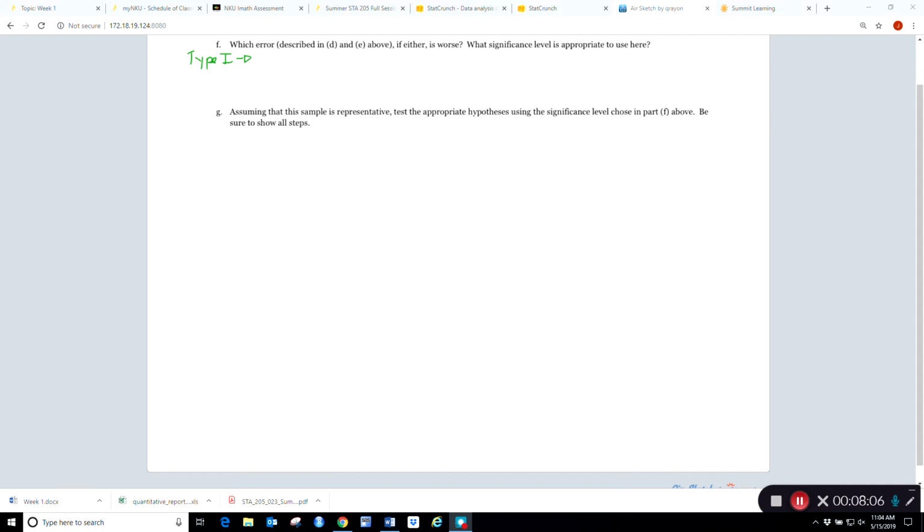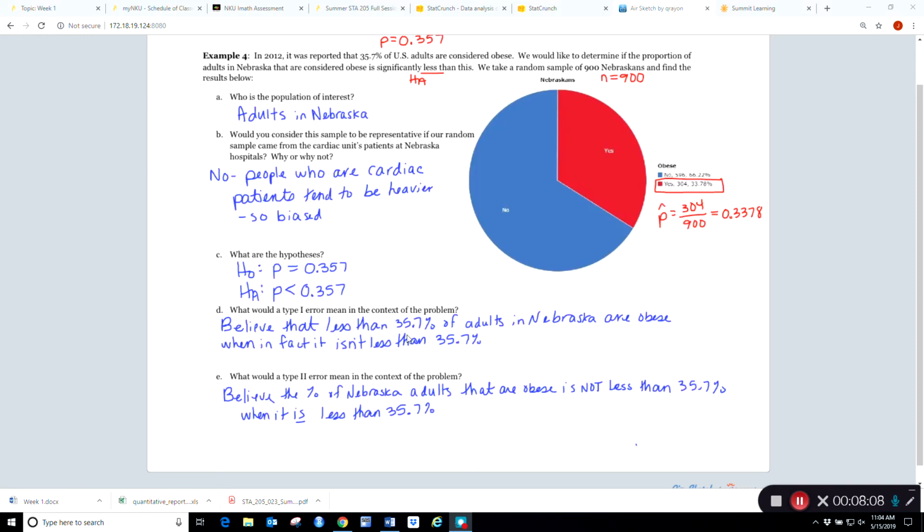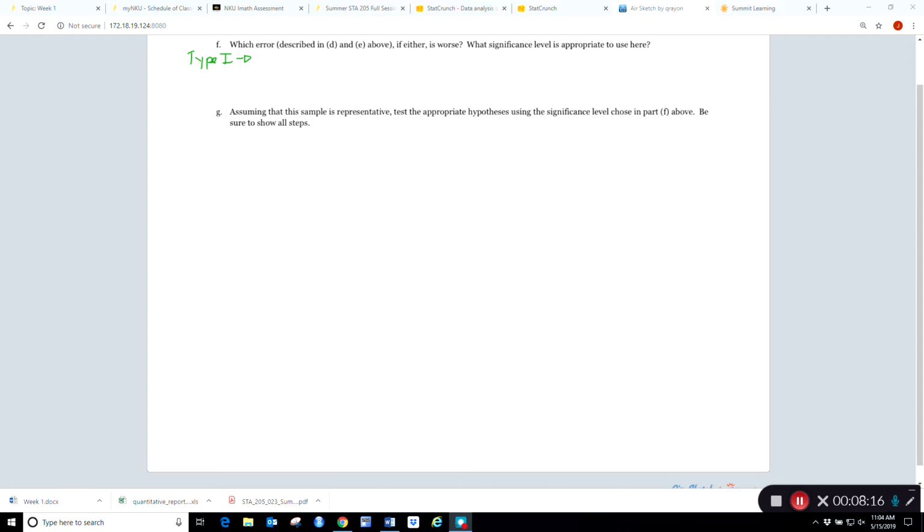So a type 1 error, again, is when we believe that it was less than 35.7%. So if we think Nebraska is healthier than the rest of the United States, something we might do is put some money into replicating some programs that they have, because we think they're working.